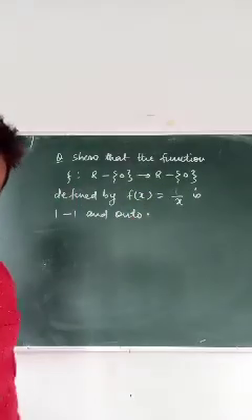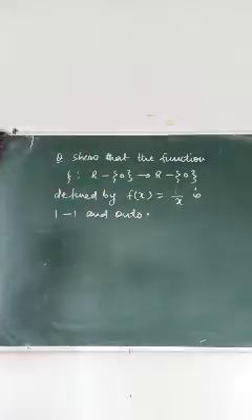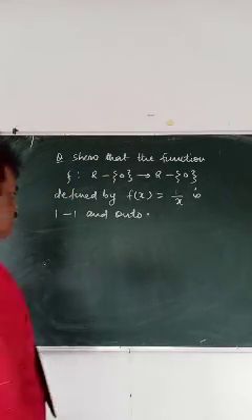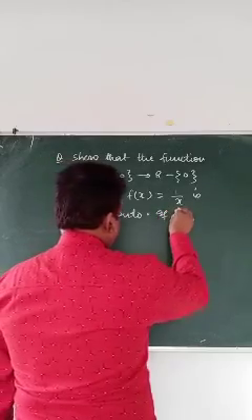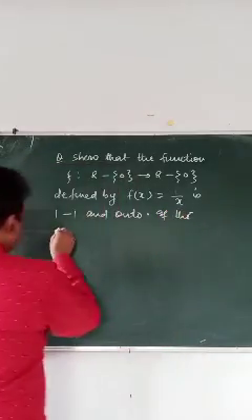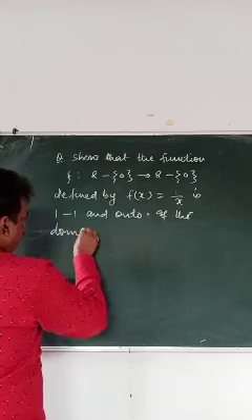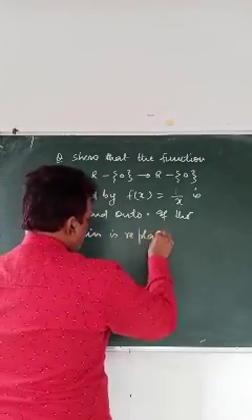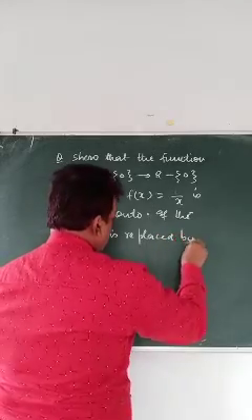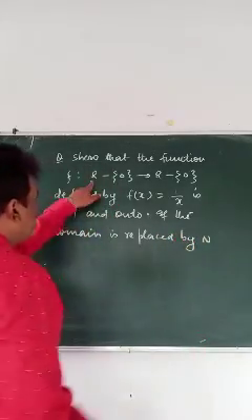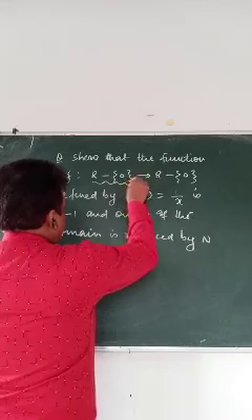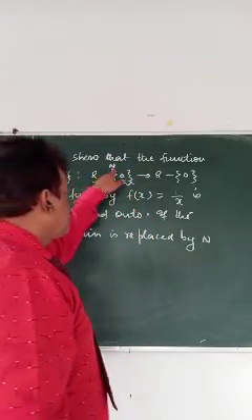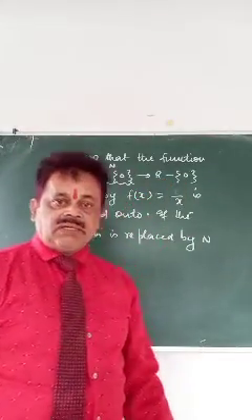Okay, if the domain is replaced by N, that means this part is replaced by N. That means the new function will be from natural number to real number minus 0.